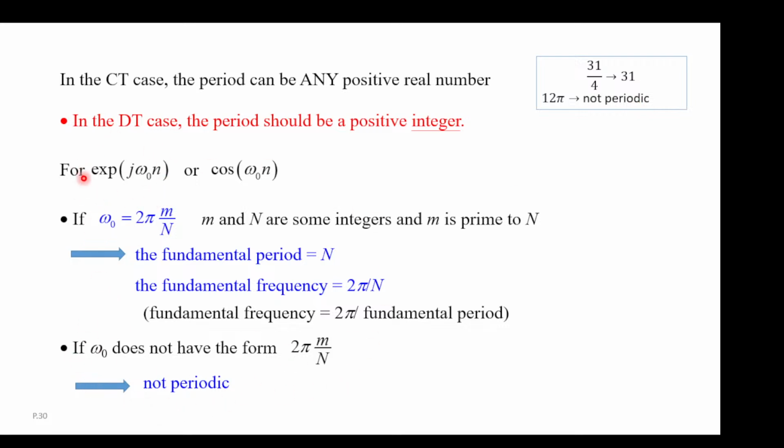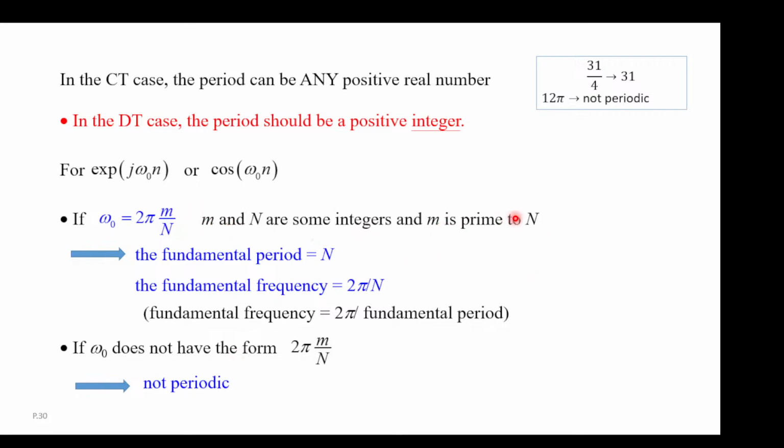So our signal is like a complex exponential or a sinusoidal. They are very similar: e to the j omega naught n or cosine omega naught n. So your omega naught is 2 pi times a rational number. Then you can read your m and n here.